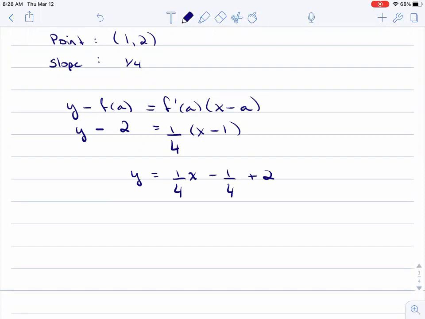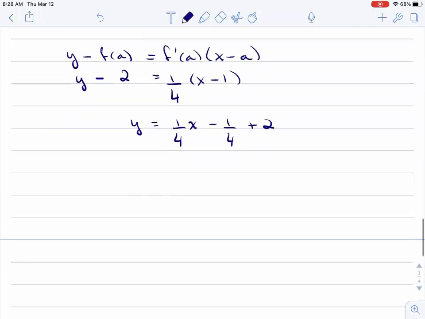1 over 4x, I'm just going to write as x over 4 from now on. But then to combine negative 1 over 4 plus 2, I need a common denominator. So what I've got is x over 4, and then negative 1 over 4 plus, and then I need to get 2 over 4, so I could rewrite that as 8 over 4, or just multiply 2 by 4 over 4.